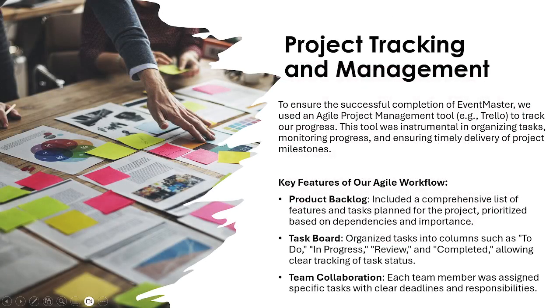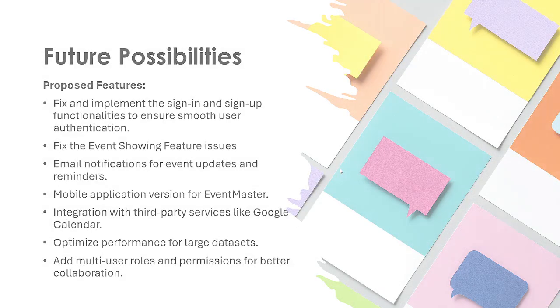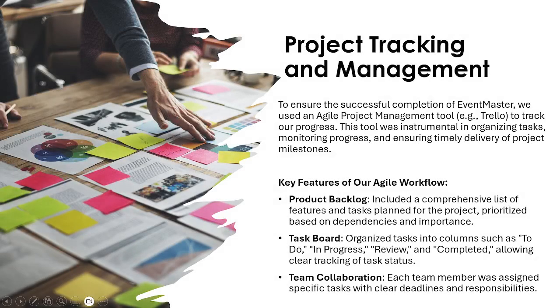For project tracking and management, to ensure the successful completion of our EventMaster, we used an agile project management tool, Trello, to track our progress. This tool was instrumental in organizing tasks, monitoring progress, and ensuring timely delivery of our project milestones. The key feature of our agile workflow was the backlog, which included a comprehensive list of features and tasks planned for the project, prioritized mainly on dependencies and importance.